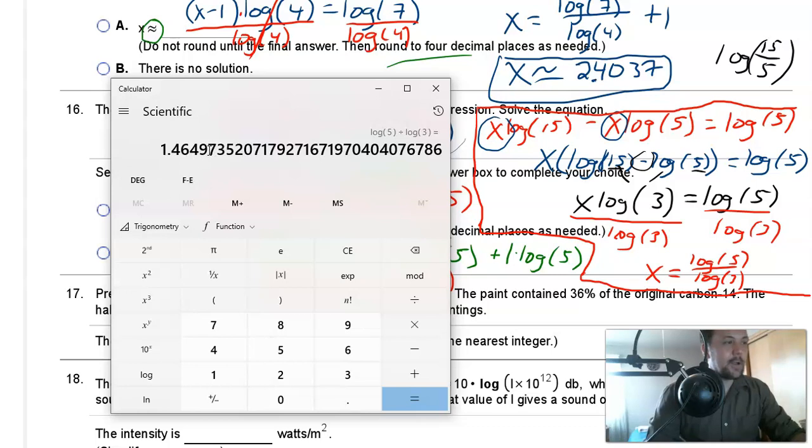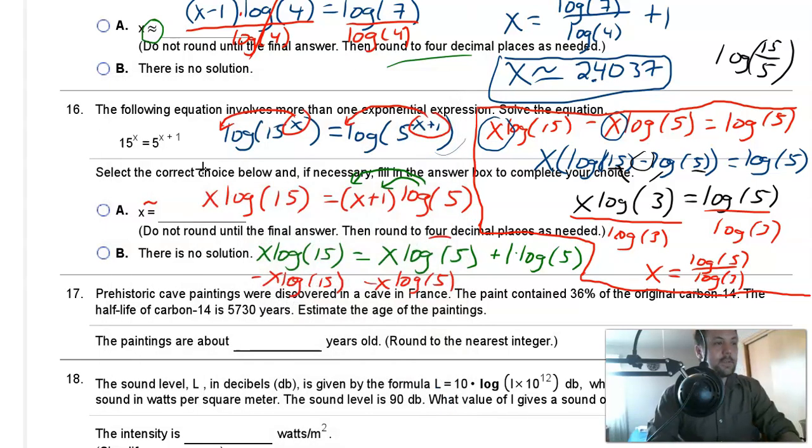Because again, same thing we saw earlier. 50 seems to be a very common ending to a lot of these answers, but the 7 is going to make me round that 9 up to a 0. That makes this 4 bump up to a 5. So it's 1.4650. All right, and that's the approximate answer, and that's what you want for this problem.